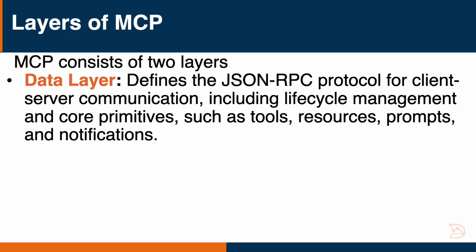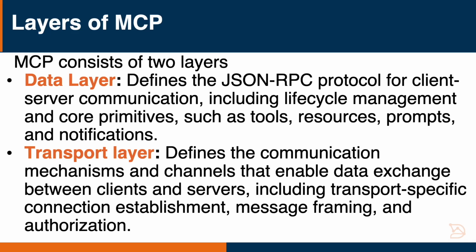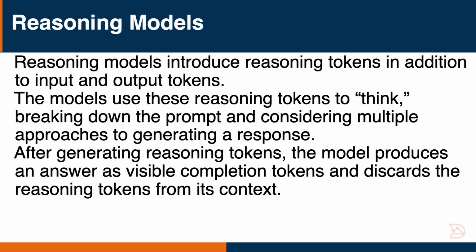And then we have the transport layer, which defines the mechanisms and channels that enable data exchange between client and server, which include the transport-specific connection establishment, message framing, and also authorization.